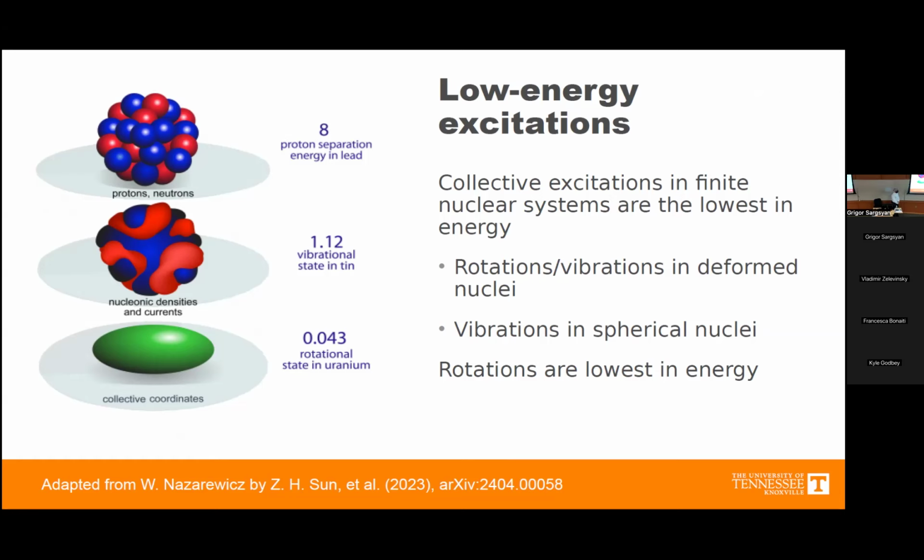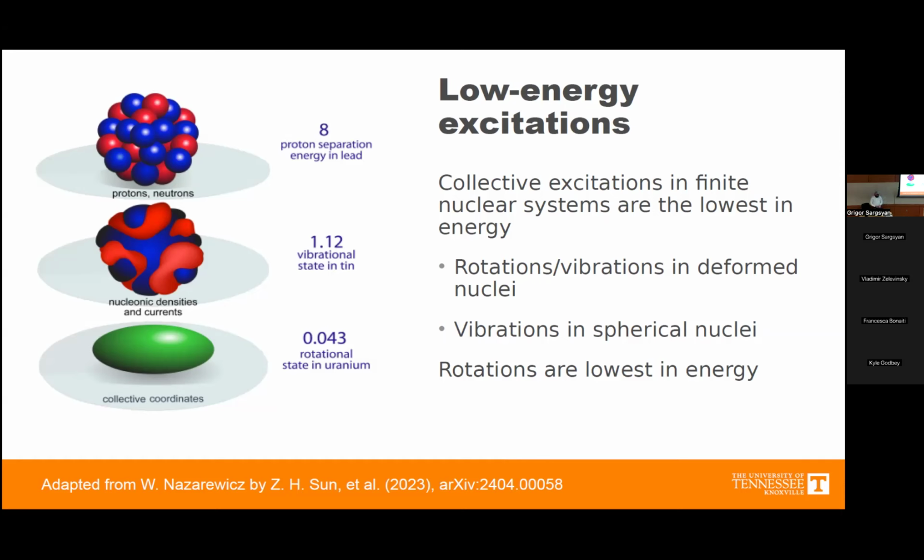Talking about low energy excitations in these nuclear systems, we have excitations at varying scales, going from pairwise excitations in nuclei to nucleonic currents and densities, all the way down to collective excitations such as vibrations and rotations, and rotations wind up being the lowest of these.